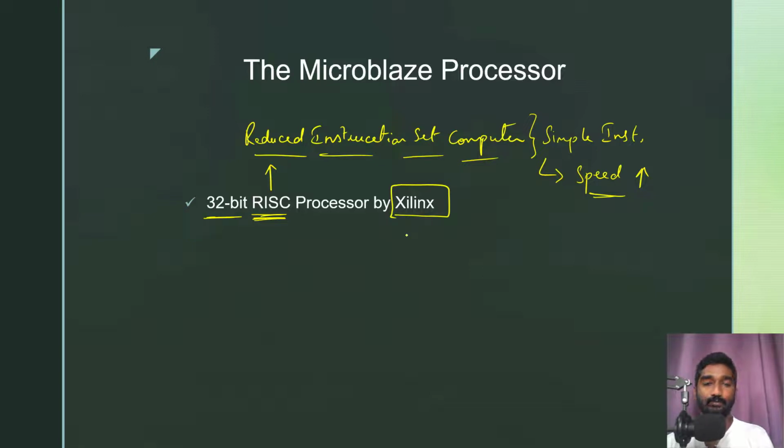Okay, and it has a clock frequency of up to 200 megahertz. That means one clock cycle, the time taken to execute a single instruction, is nothing but your clock cycle. Okay, the frequency is 200 megahertz.